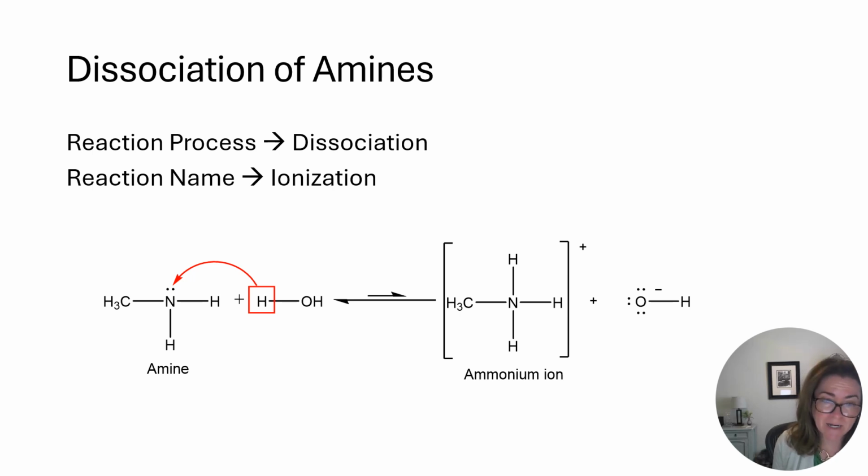It means they're going to take a hydrogen from a water molecule, and again, this exists at equilibrium. It's going to give us an ammonium ion and a hydroxide ion. This is going to make this very soluble, which is something we talked about before in the properties of amines.